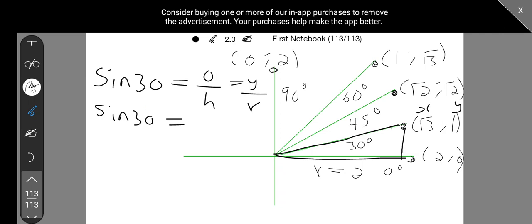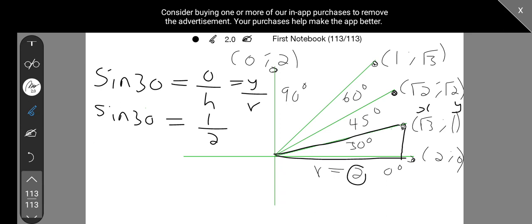What is y? y is 1, over r, and r is 2. r doesn't change for all trigonometric ratios. So when you are looking for any special angle, if you cram this diagram, you know it in your head, you'll be able to determine all the angles which you have to know.